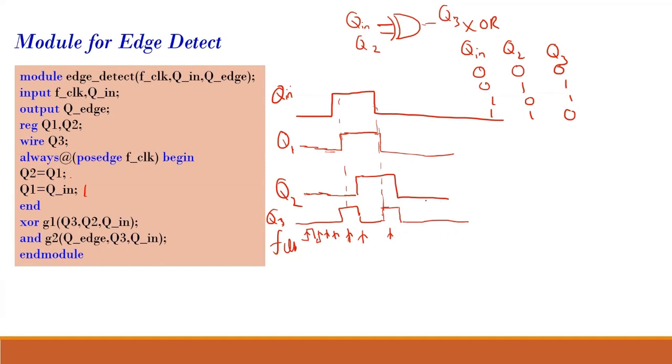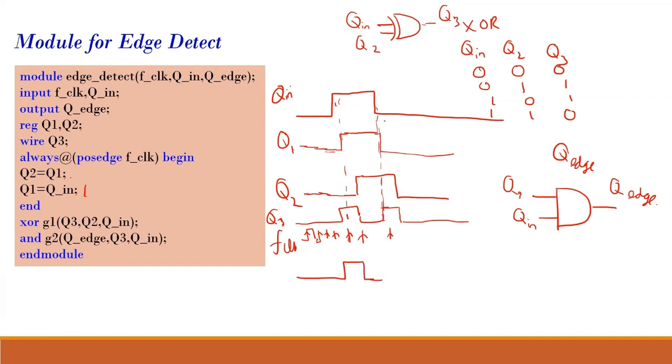Your Q edge is given by Q3 and Qn. So when Q3 is high and Qn is high, your Q edge will come out high.